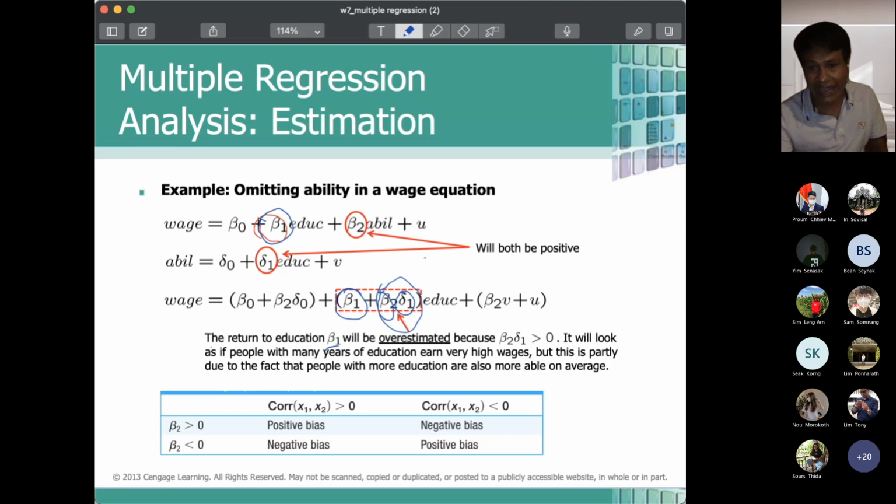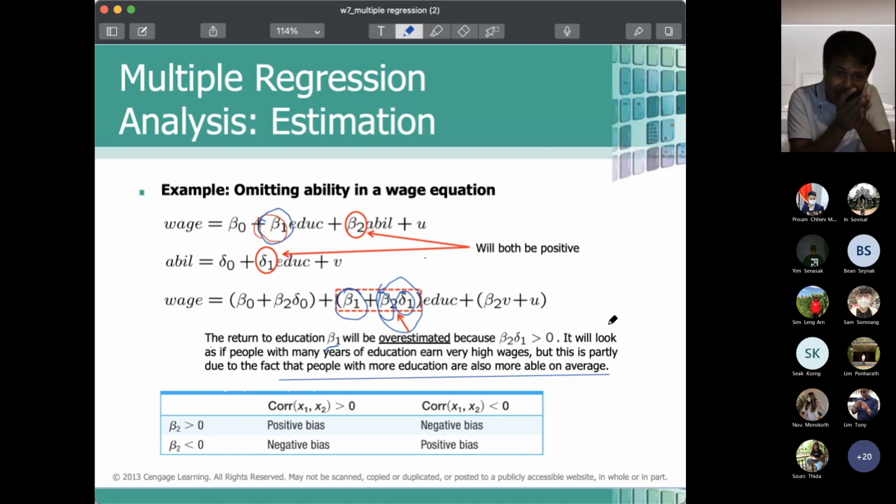All right. So it will look as if people with many years of education earn a very high rate. But this is partially due to the fact that people with more education also earn more on average because of their ability. All right, because you cannot separate the effect of education from ability. That's what it said.